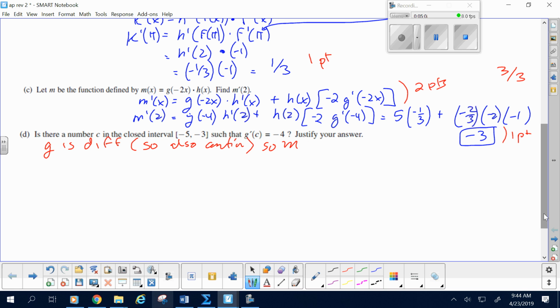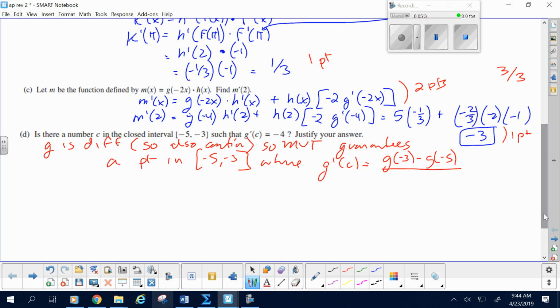So the MVT guarantees, or something along those lines, a point in -5 to -3, where G prime at that point is equal to, now here's where you actually show the difference quotient, the MVT. G of -3 minus G of -5 over -3 minus -5.